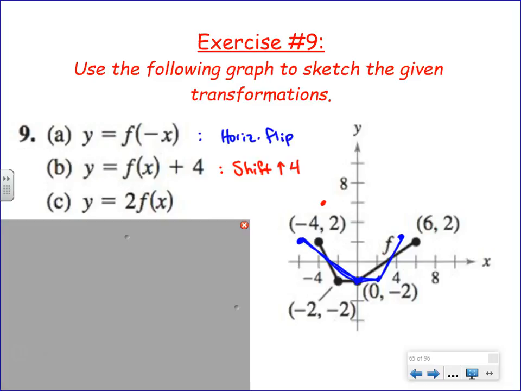What's -2 plus 4? 2. What's 2 plus 4? 6. Aw, so close. You guys got it? There we go. Yeah? Okay, next one.